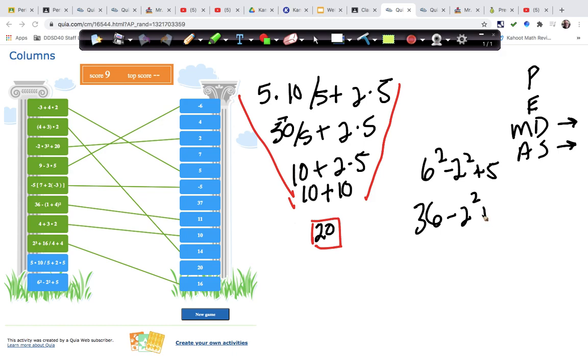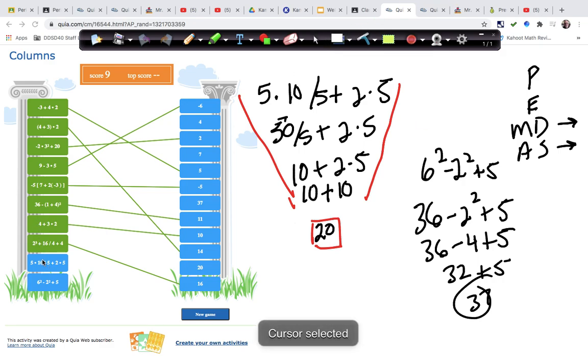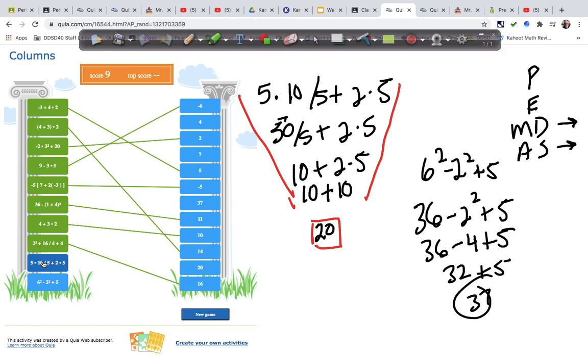You could have done that 2 squared also, but I'm going to do one step at a time. 36 minus 4 plus 5. 36 minus 4 is 32, plus 5 is 37. So let's go here, and on this one we're going to choose 20, and on this one we're going to choose 37.